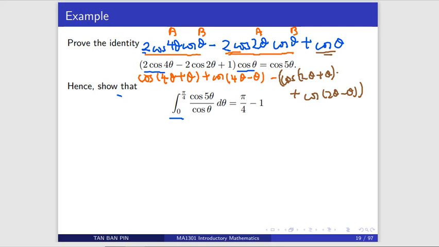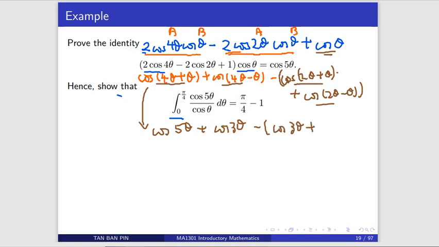So with that, you see that you should have cosine 5 theta plus cosine 3 theta from these two terms. And from these two terms, it will be minus bracket cosine 3 theta plus cosine theta, and then plus another cosine theta.